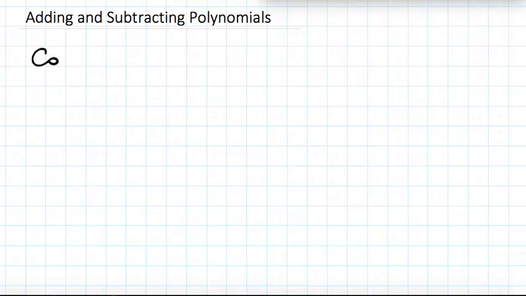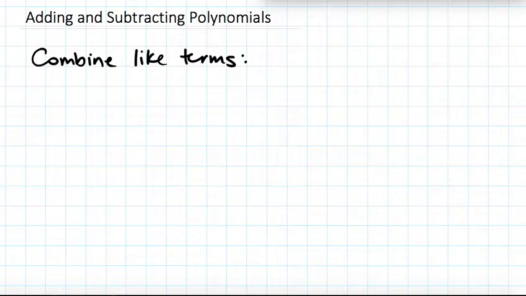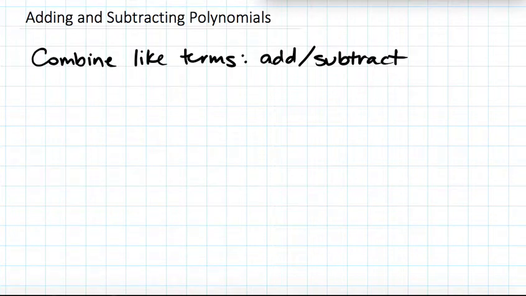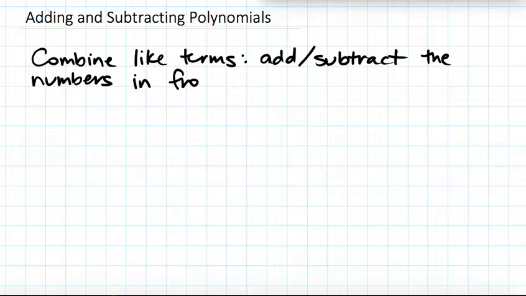So when we're adding and subtracting polynomials, we're going to do what's called combining like terms, which is where you add or subtract, depending on the signs, the numbers in front, or the coefficients, and the exponents do not change. So we do not add the exponents here.